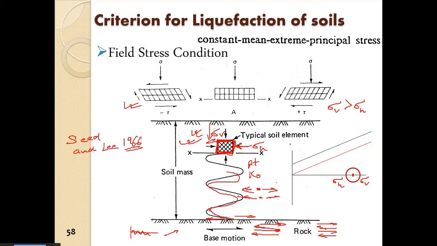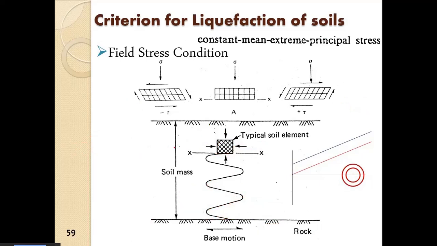Now when earthquake shaking or earthquake vibration is applied, the soil mass tends to move in a shearing pattern, and only the shear stresses change. So only shear stress will change, and the mean will remain constant. That is what Seed and Lee 1966 proposed for the in situ condition.